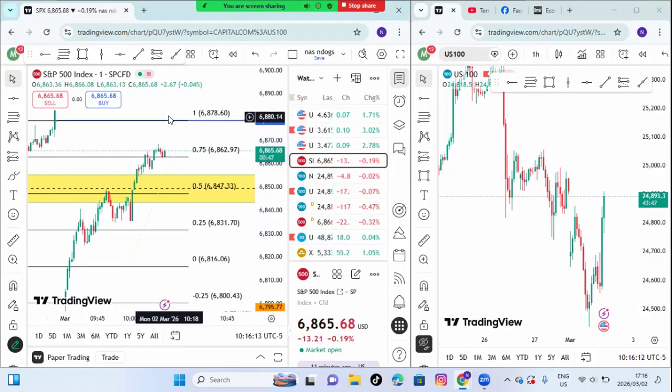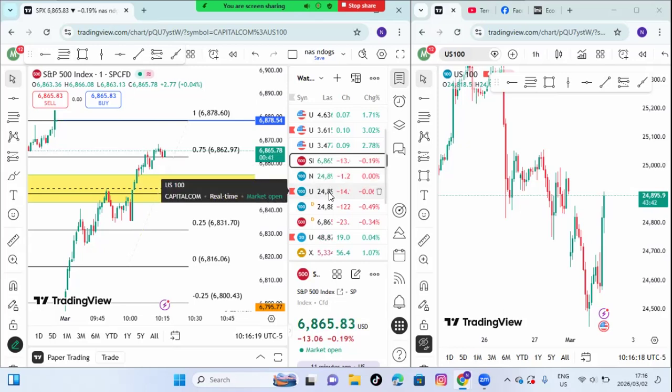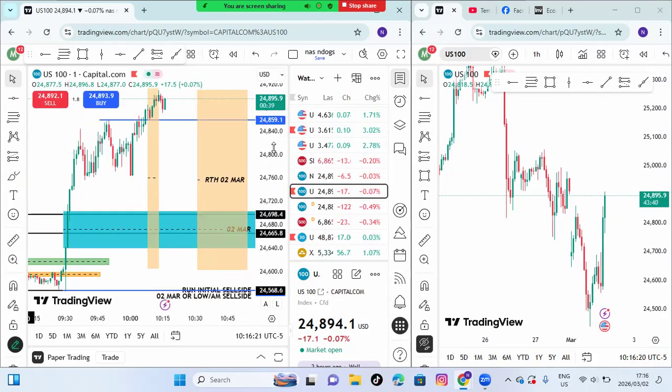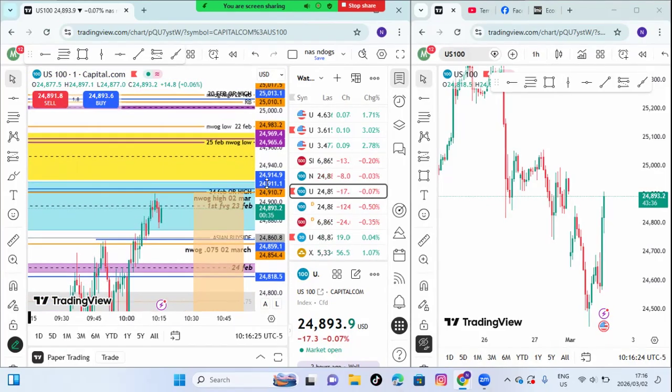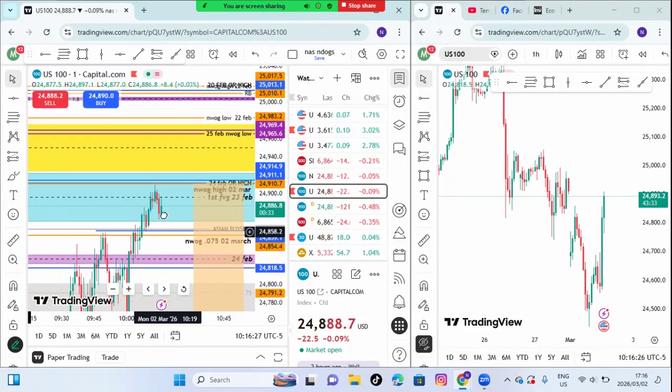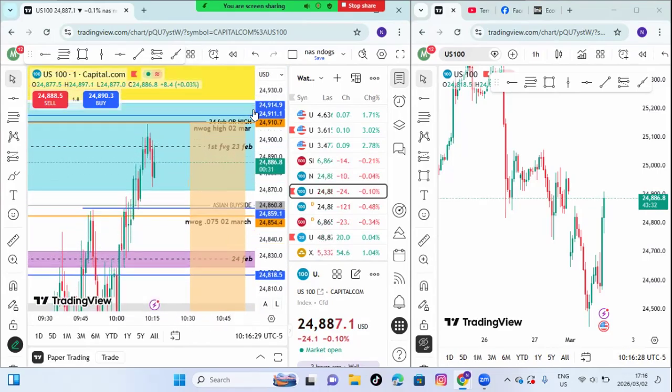So I'm more likely to close this gap and keep going higher here. So let's go on the NAS again. Let's see. It looks bad.